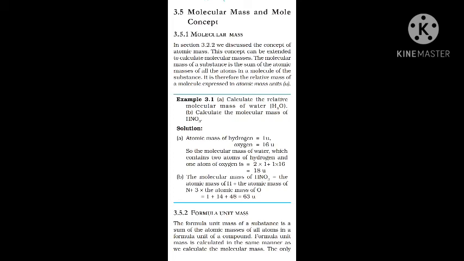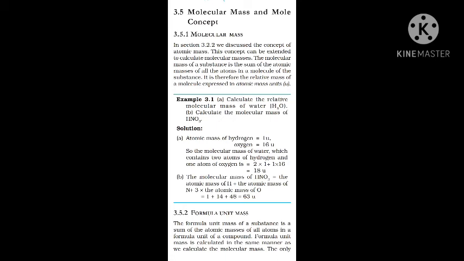Solution. Atomic mass of hydrogen is equal to 1 u. Oxygen is equal to 16 u. So the molecular mass of water, which contains 2 atoms of hydrogen and 1 atom of oxygen, is equal to 2 into 1 plus 1 into 16, which is equal to 18 u.